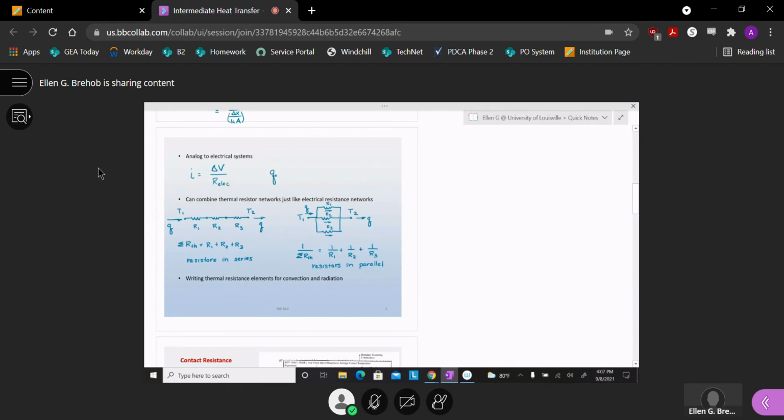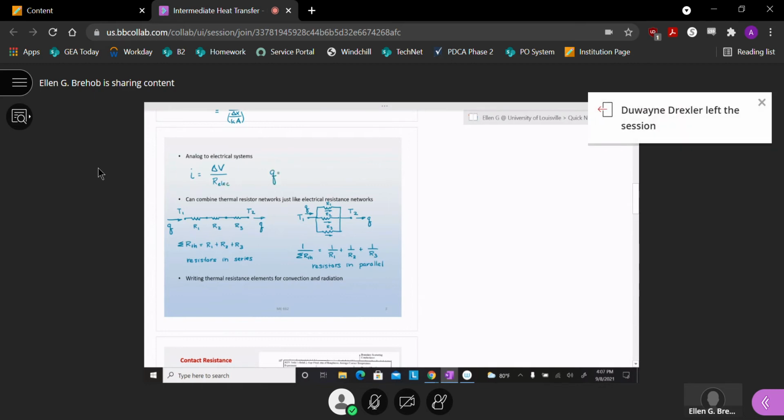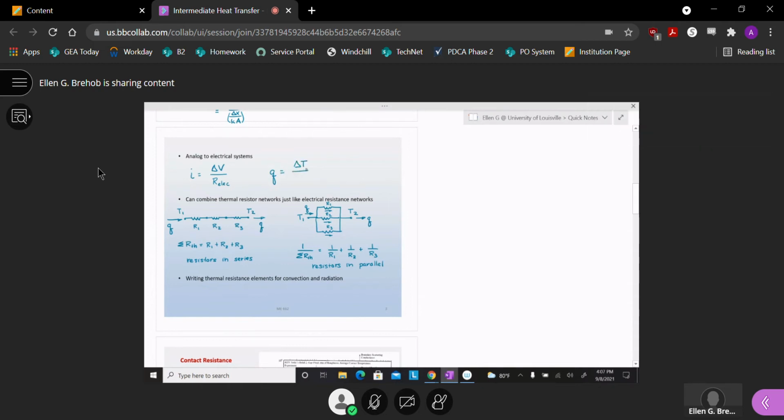And for us, what flows is heat transfer, what drives it is a temperature difference, and the analogy is a thermal resistance element. And if you remember your electrical circuits class, how you can put resistors in series or in parallel, we can do those same things with thermal resistance elements. So we talked about putting them in series or in parallel.